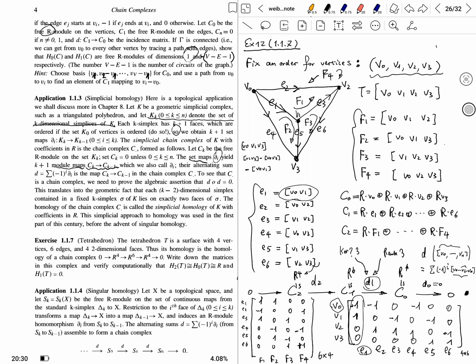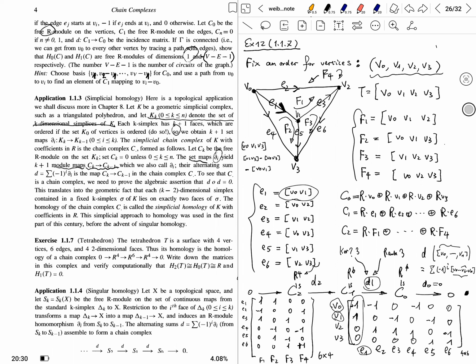So you can read it quickly from the picture, which means the endpoint minus the starting point. Okay, so this tells you that in the matrix, the position corresponding to V1, put 1, and the position corresponding to V0, put minus 1. This is how this matrix works.